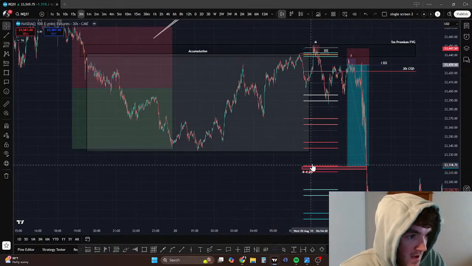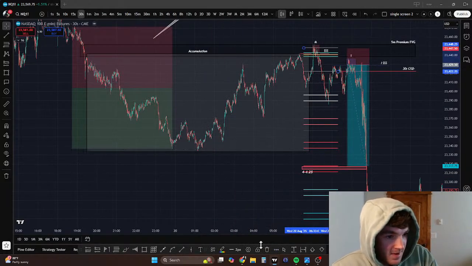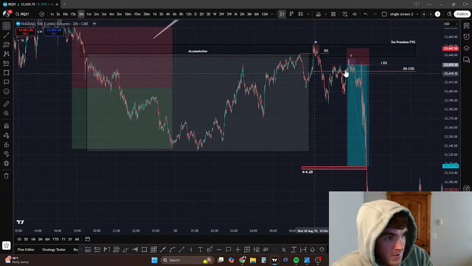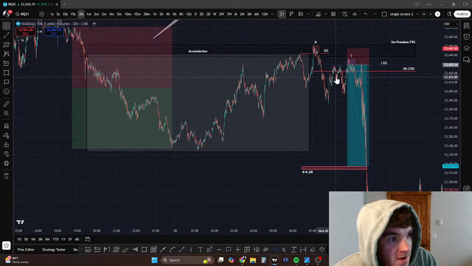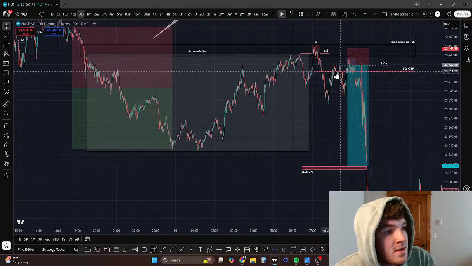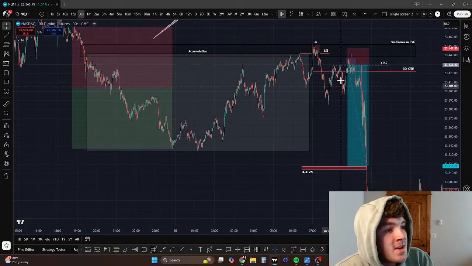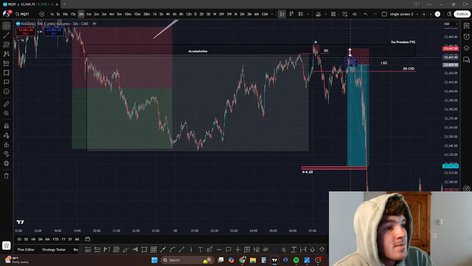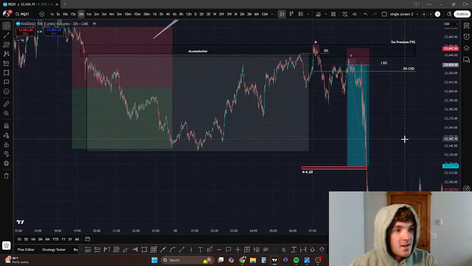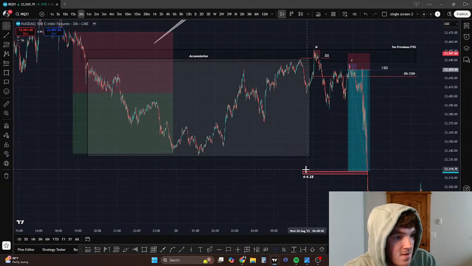So once again, this would be really nice. I'd take this as a flow state trade, but instead of entering right on the change in state of delivery, I would wait until we got a little bit more price action, and then I would enter as an inducement. And you can see we go straight down to fourth standard deviation. So it's pretty cool.